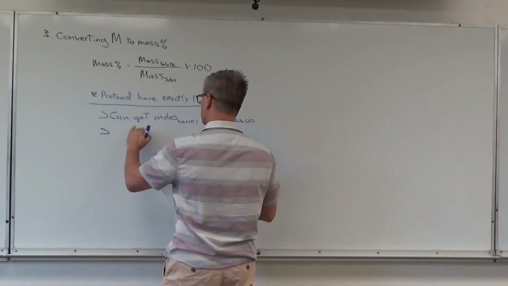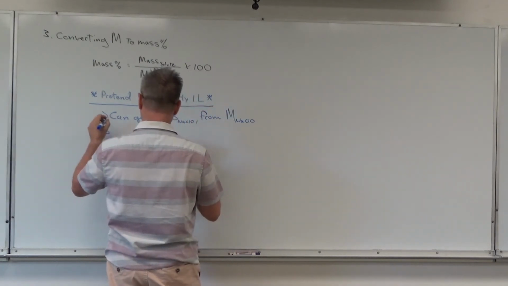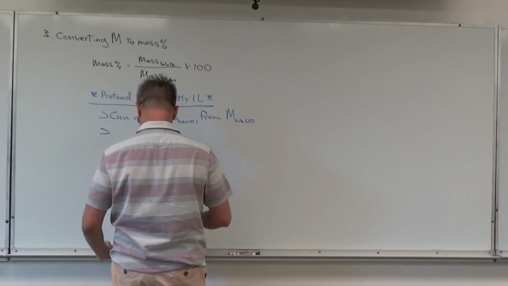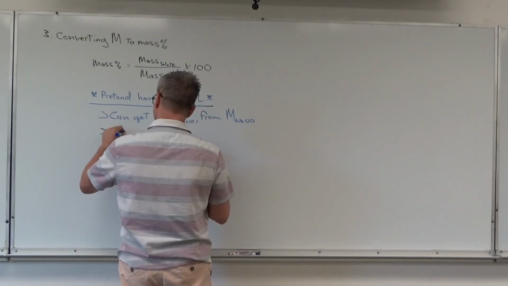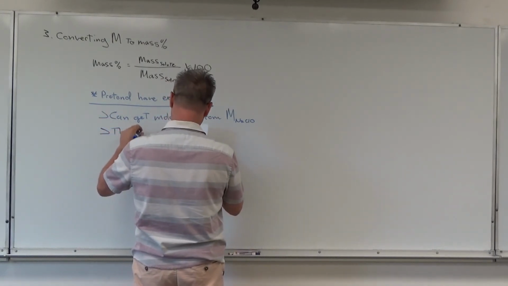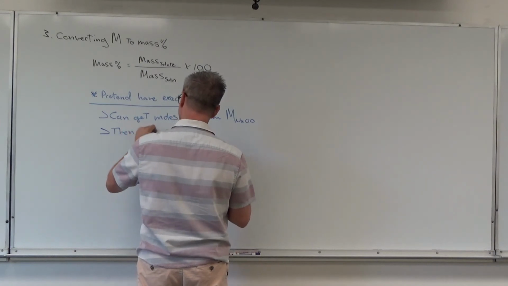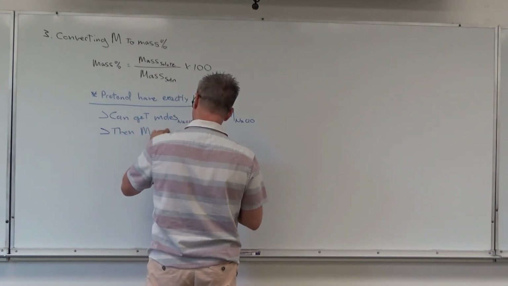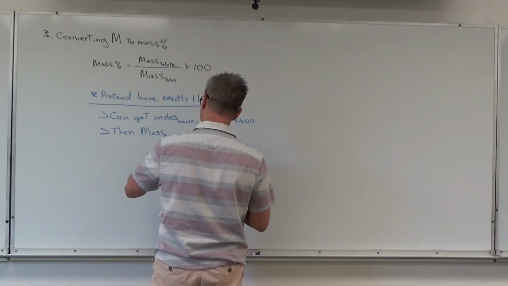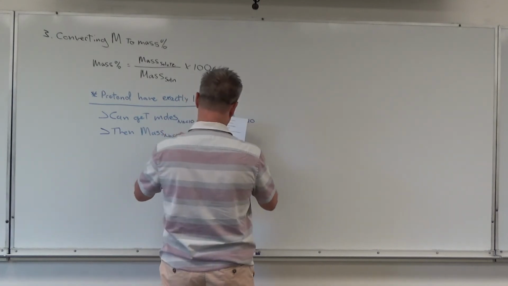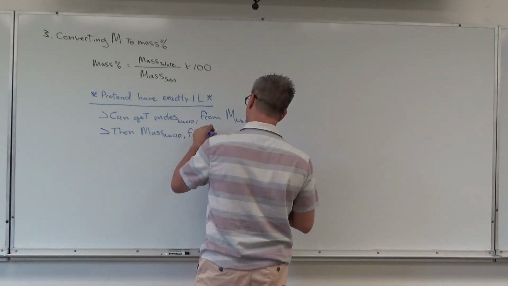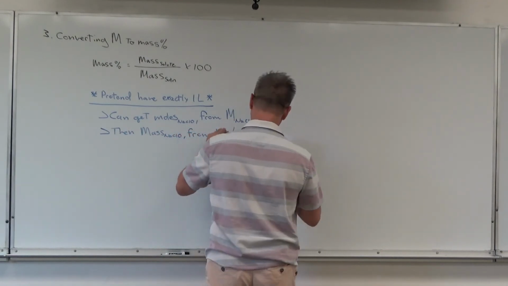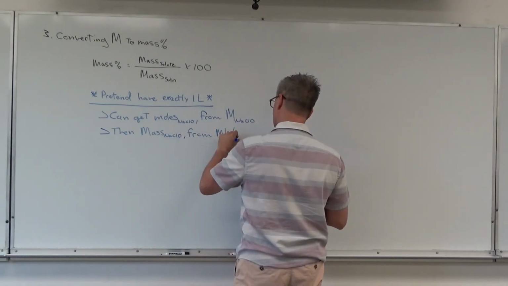And so we'll have the moles of sodium hypochlorite. Then we can get the mass of sodium hypochlorite from the molecular weight of sodium hypochlorite.